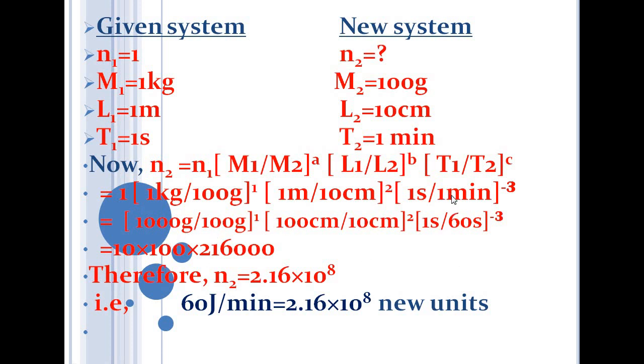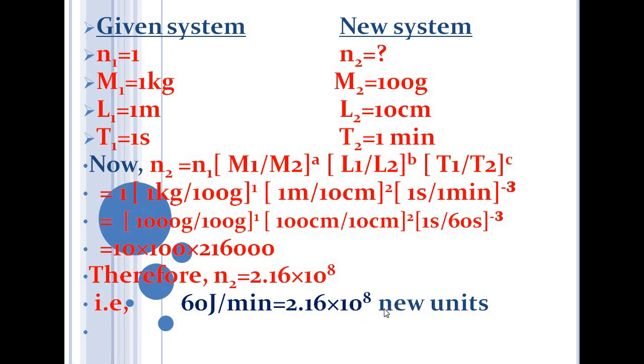And similarly convert 1 minute and simplify it, you will get these values. 10 into 100 into 216,000. Simply n2 equals 2.16 into 10^8, and we can conclude that 1 joule per second, or that is 60 joule per minute, equals 2.16 into 10^8 new units. The new system of unit is not mentioned, just mentioned as new units.